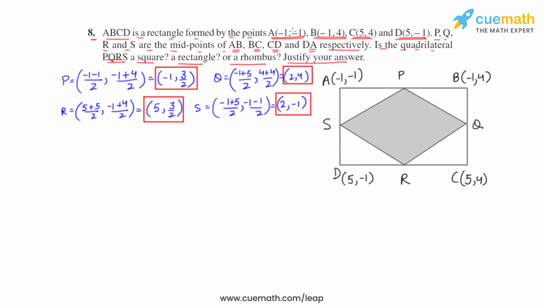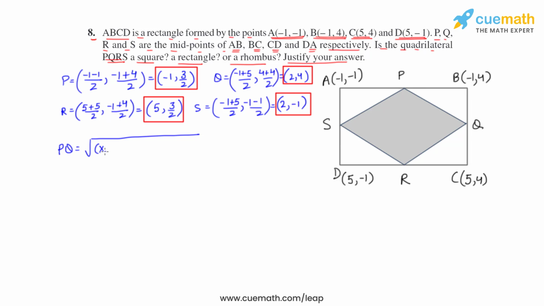Now let's find out the sides PQ, QR, RS and PS. We'll use the distance formula. First of all, PQ, I'll write the distance formula once.